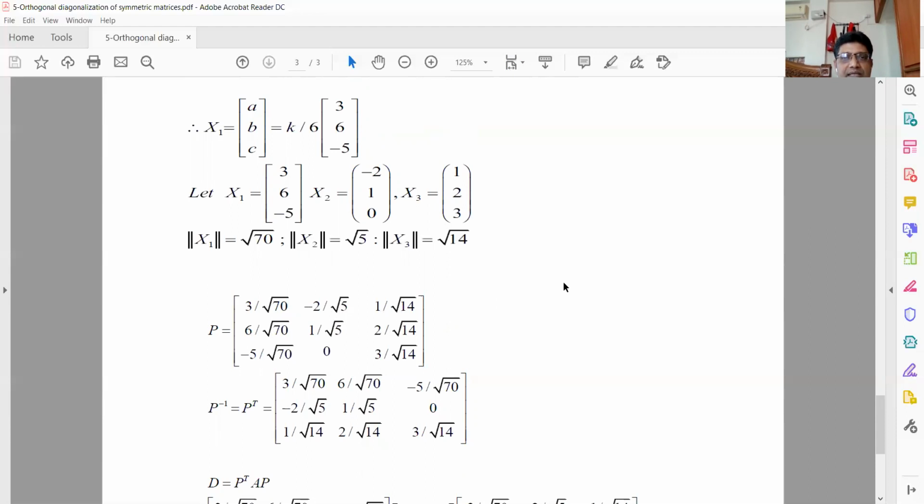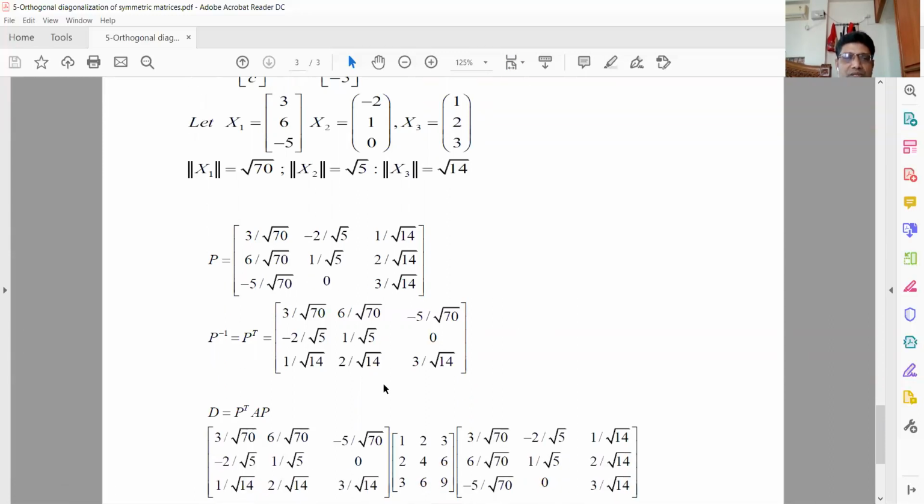A matrix A is said to be orthogonal whenever A transpose equals A inverse. Similarly here, this P is the normalized model matrix, which is nothing but an orthogonal matrix. Therefore, to calculate P inverse, it is enough to take the transpose of this matrix. So we did the transpose of this one.